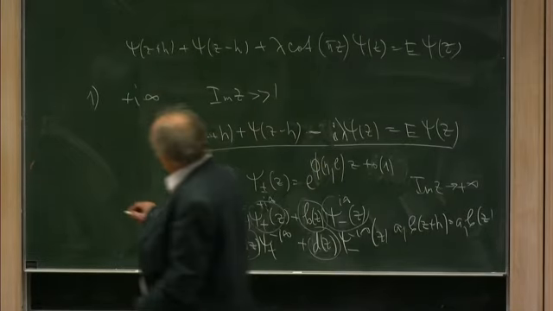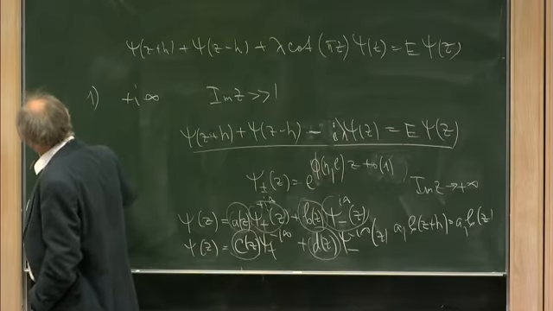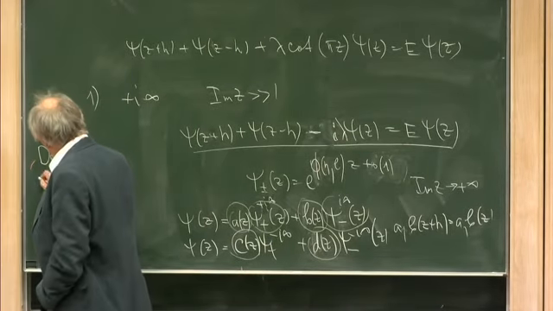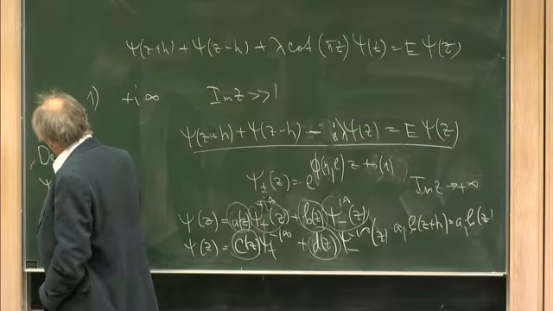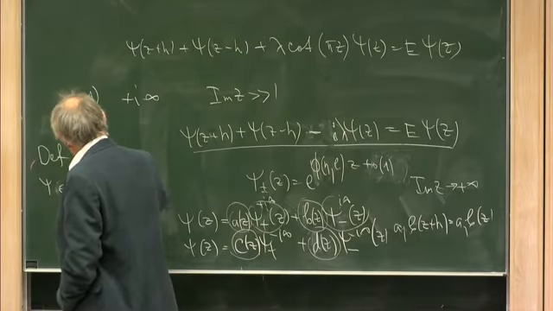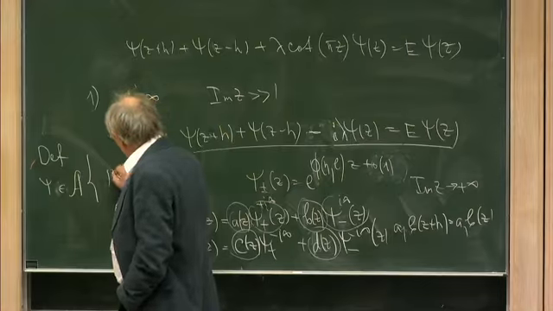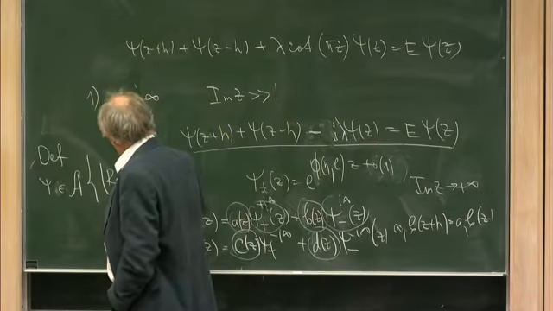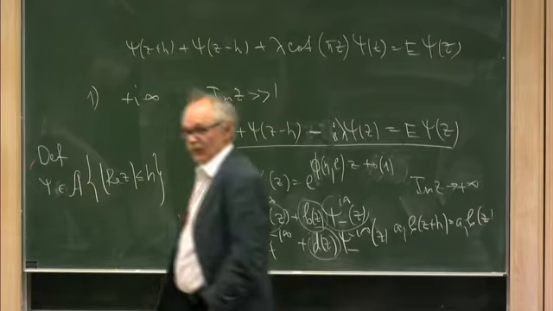And the correct definition of the minimal entire solution is the following. First, the solution psi is analytic in the strip where the real part of z is less than or equal to h.